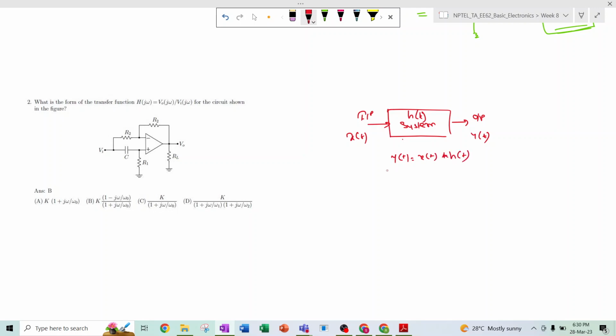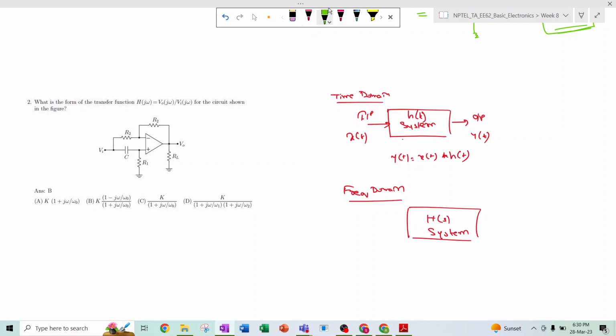This is the time domain. In case of the frequency domain, suppose this is a system, so I am doing the Laplace transform.